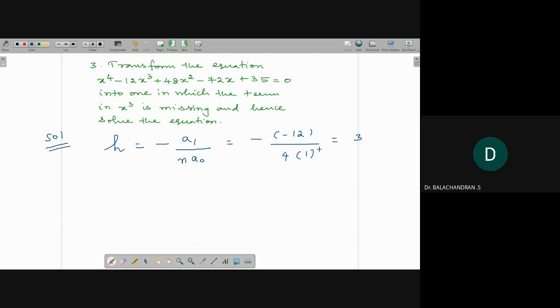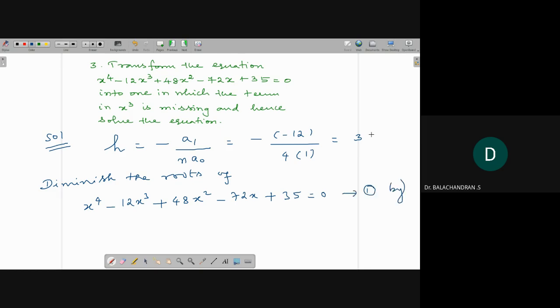So I need to diminish the roots of the equation x power 4 minus 12x cube plus 48x square minus 72x plus 35 equal to 0. Call this equation 1.